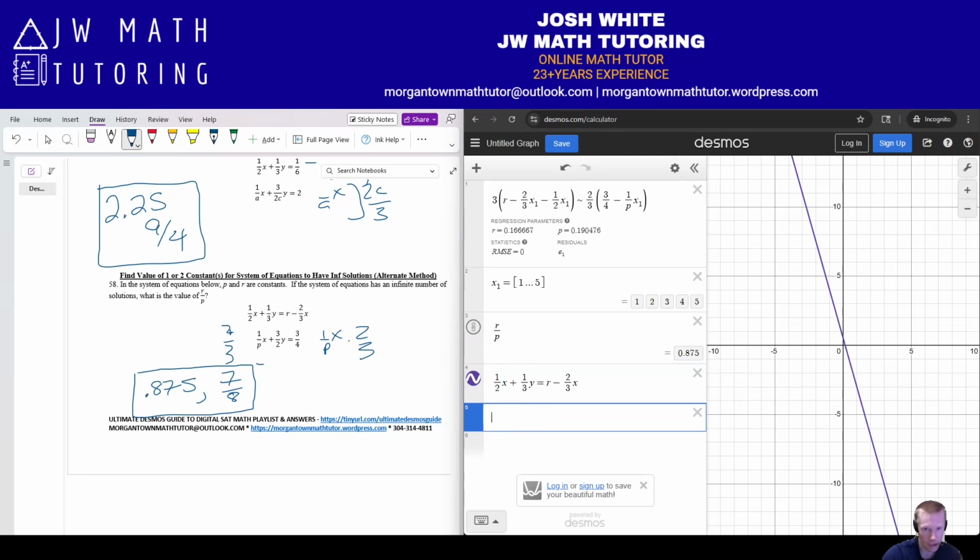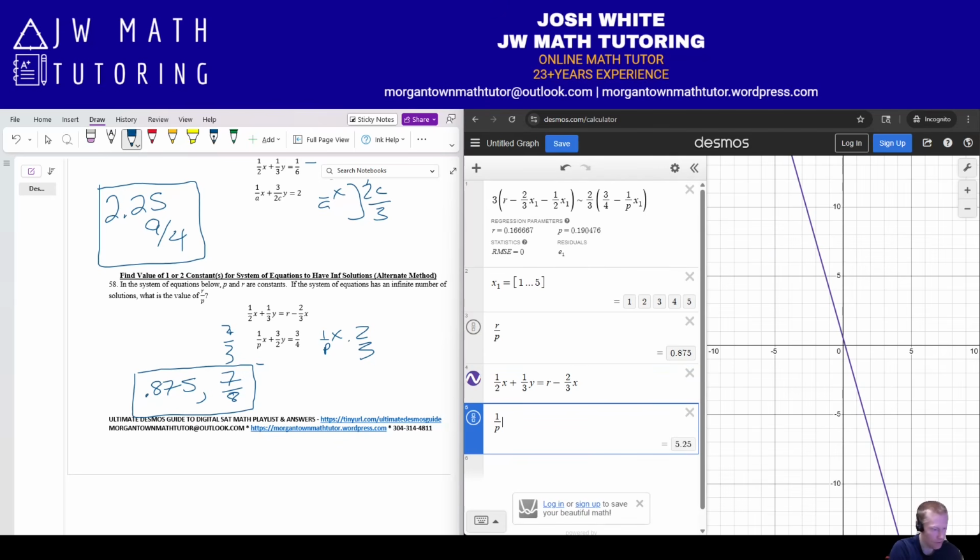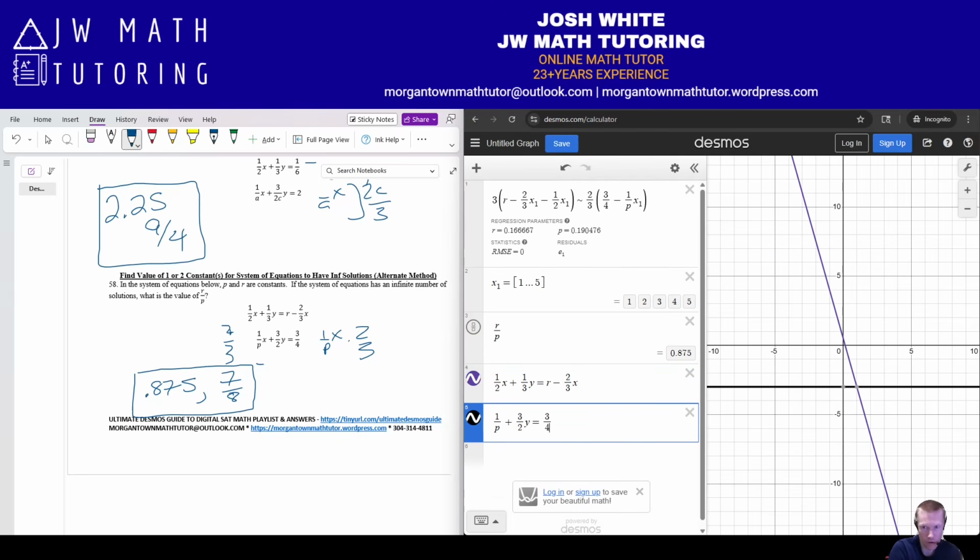Okay, there's our line. Let's look at our second line. Y equals 3 over 4. I forgot the x. That's why it's giving me a horizontal line. Okay, there we go. Notice, again, infinite solutions, same line on top of itself. That just confirms we have the correct answer.